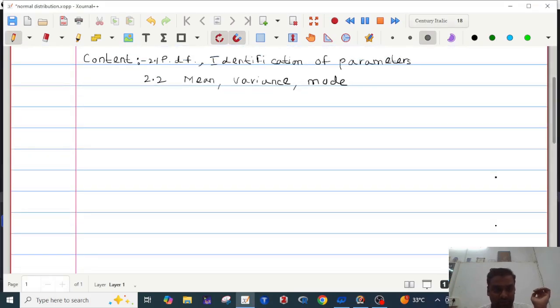First of all, let's see its PDF. Definition, or we may call this the definition of normal distribution. Let capital X be any continuous random variable.